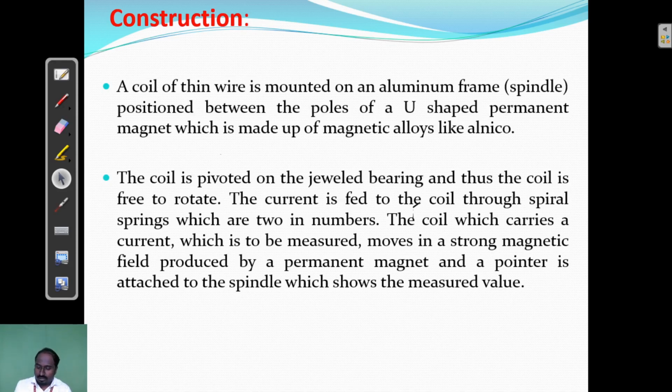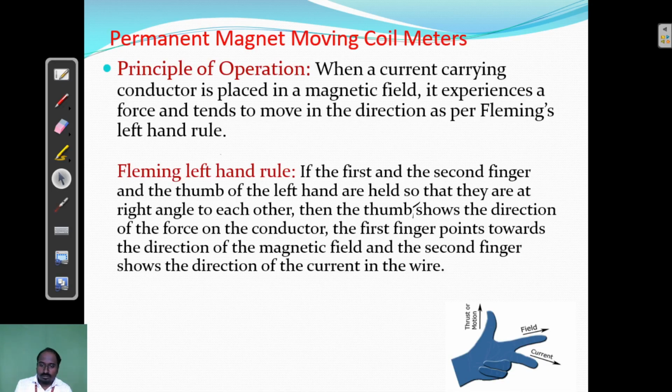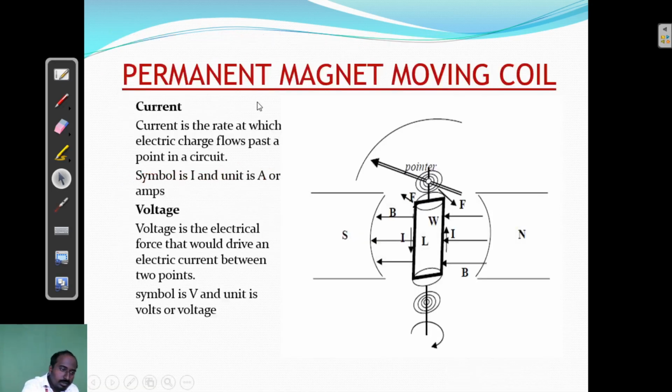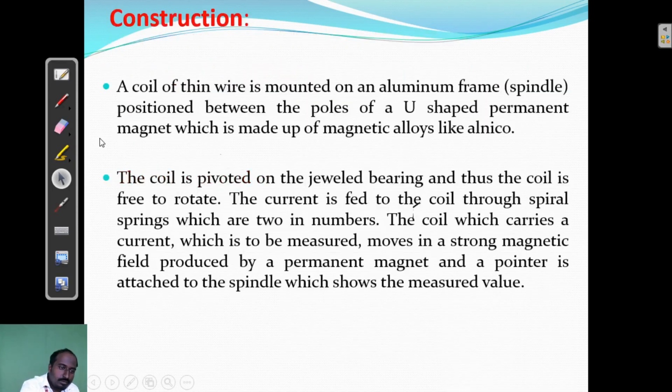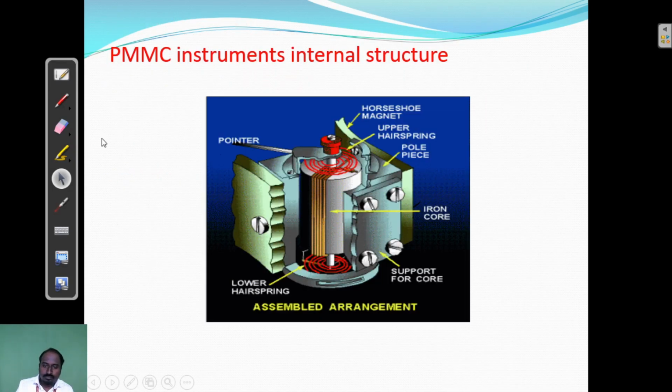Now we can see the slide. Okay, this is the permanent magnet moving coil instrument's internal structure. You can see this is the core, and this is the coil.